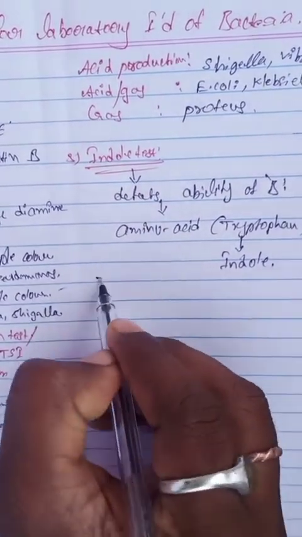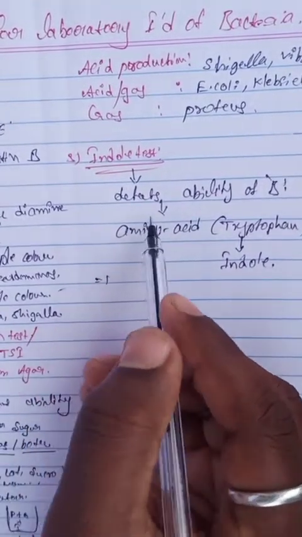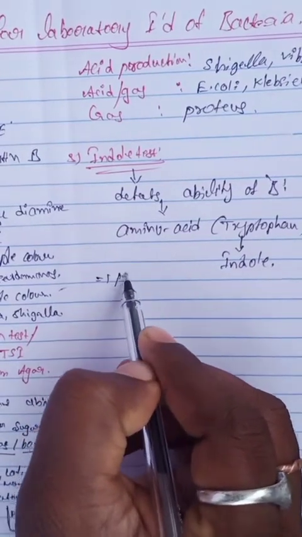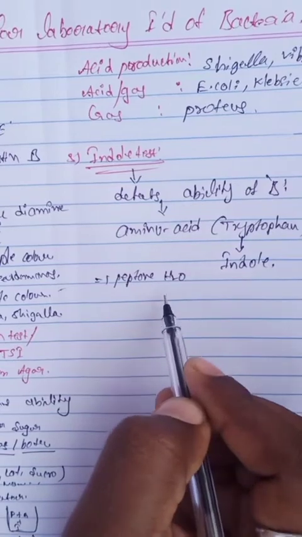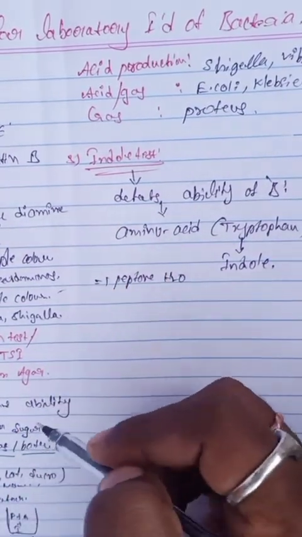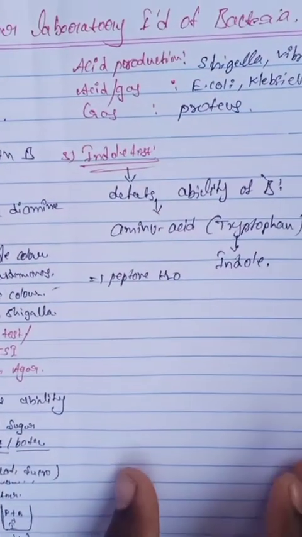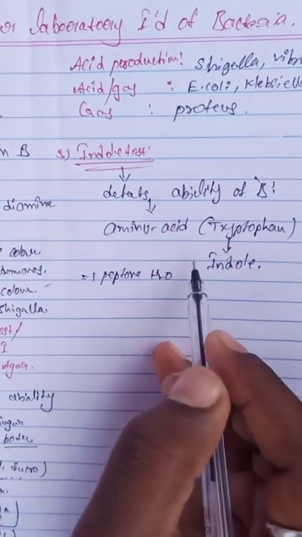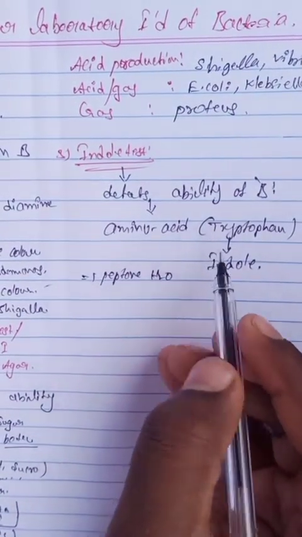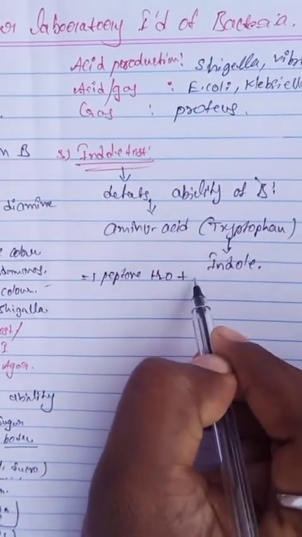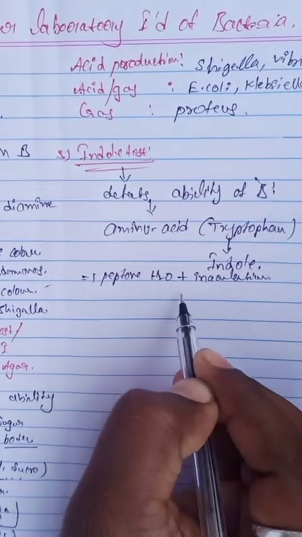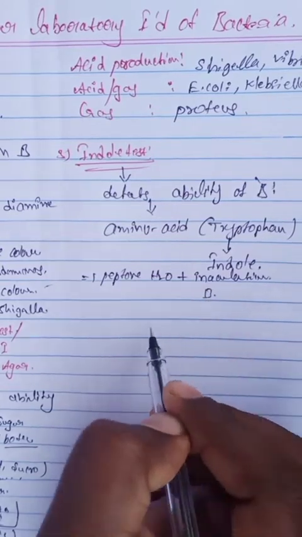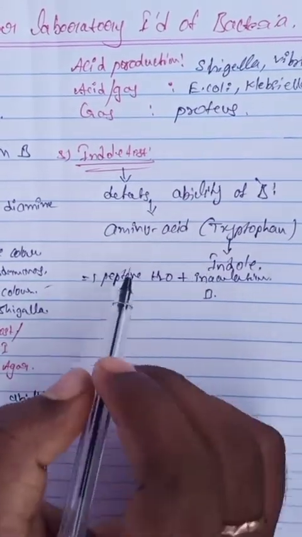So what is the procedure? First of all, peptone water, which contains carbohydrates, as we already discussed in the previous test, the sugar fermentation test. Next, the peptone water is inoculated with the test bacterium. The bacteria is added to the simple peptone water.